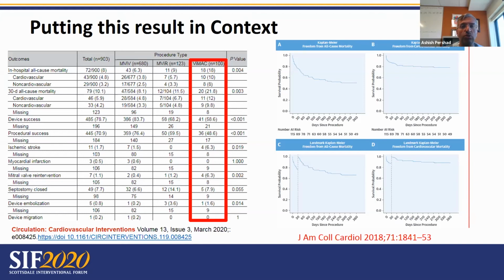Procedural success was noted to be less than 50% in the TVT registry. All of these findings were statistically significant and were clearly worse with valve and MAC as compared to the more traditional, safer valve and valve operation.